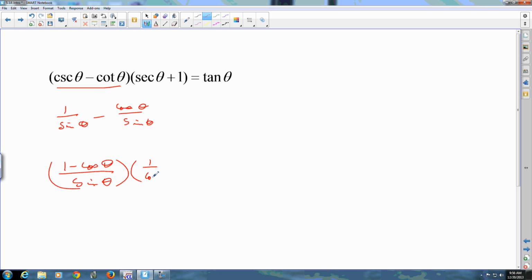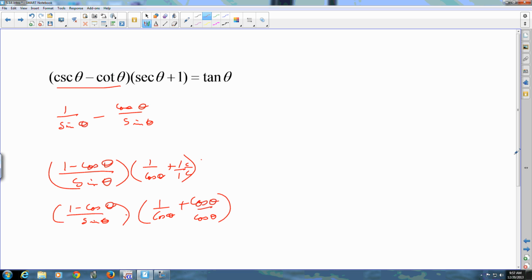1 over cosine plus 1. Now, this, to me, is begging to have a common denominator. So I'm going to multiply by cosine over cosine. So the first one is 1 minus cosine theta over sine theta, times 1 over cosine theta plus cosine theta over cosine theta.